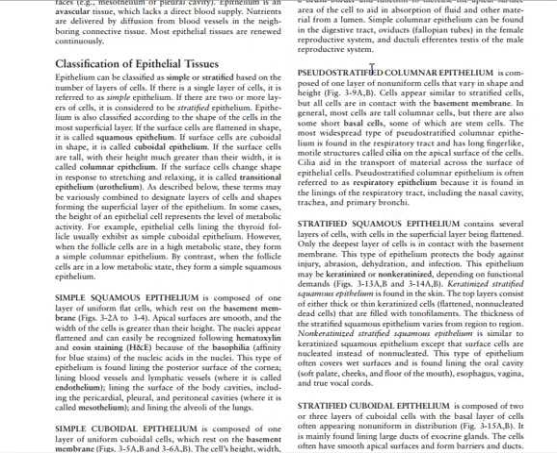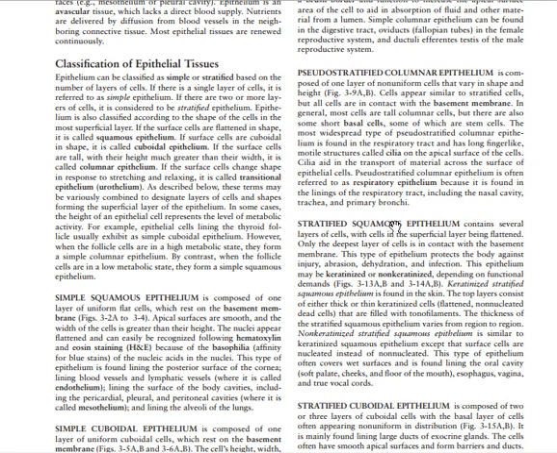So in order to define pseudo-stratified, I'm going to first define stratified. Stratified is made up of multiple layers of cells, and the lowermost cells are attached to the basement membrane, while the apical-most cells are attached to the lumen if it's a mucous membrane, or you have the skin and the exterior.